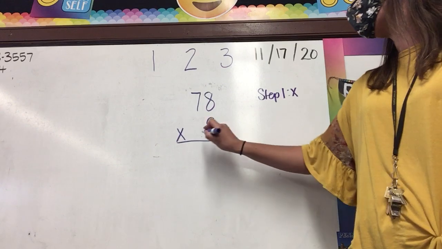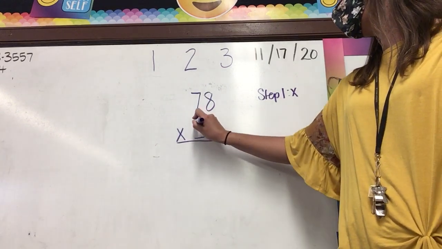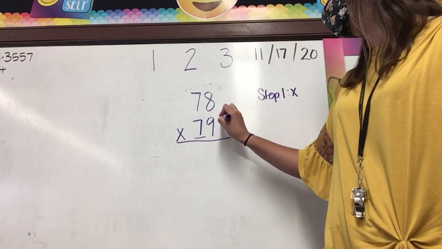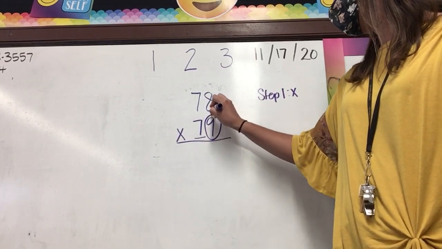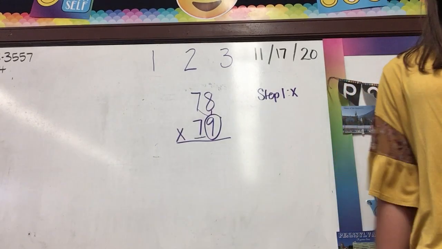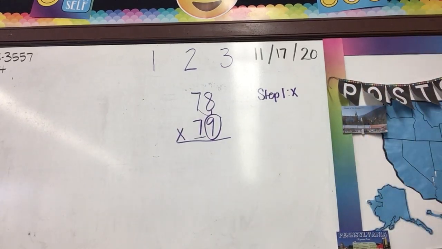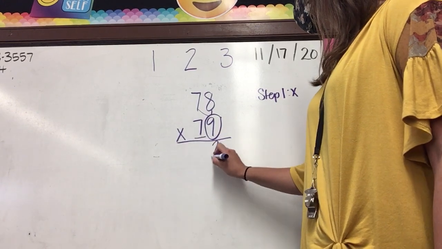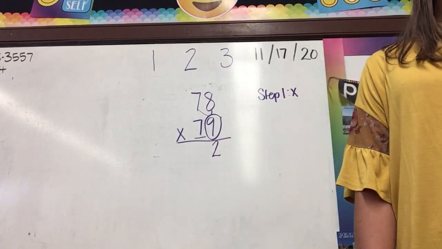Completely ignore the number that's in the tens place value for right now. You don't need it. We've got the 9. 9 times 8. We've now had this twice, Max. 72. What do I do with my 7?